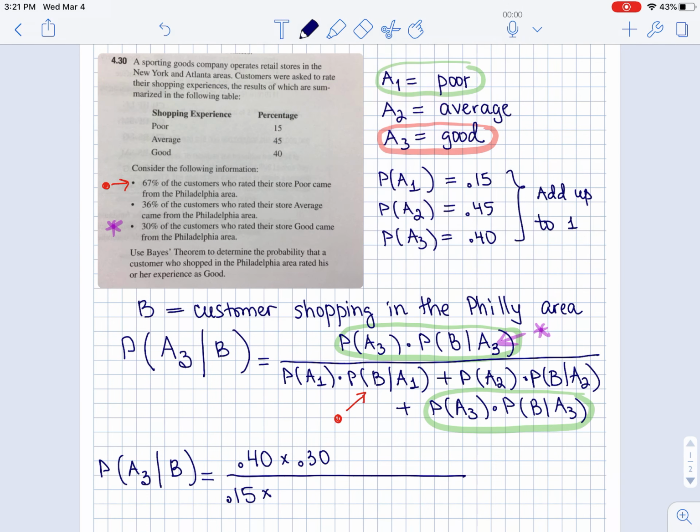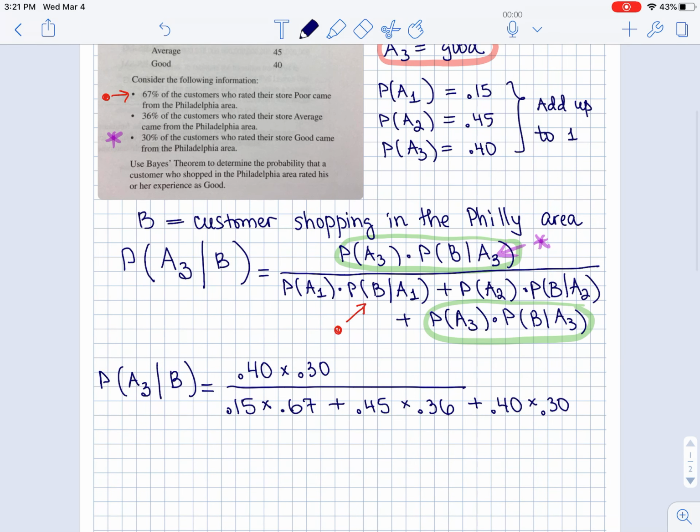So 0.15 times 0.67, and so forth. What about average? The chance a customer had an average experience is 0.45 times 0.36, and this probability we've already computed, 0.4 times 0.3.